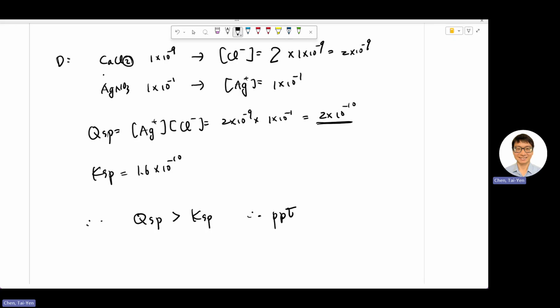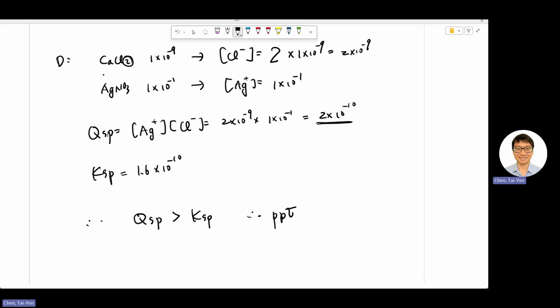And the structure of the question is always that you have an insoluble salt with certain KSP, and then you're going to have 2 soluble salts with certain concentration. Okay, and then for those soluble salts, you want to identify what is the relevant cations and anions, so you know the effective concentration of cation and anion, so that you can compute the correct QSP.